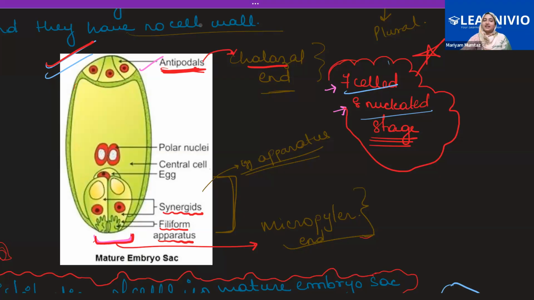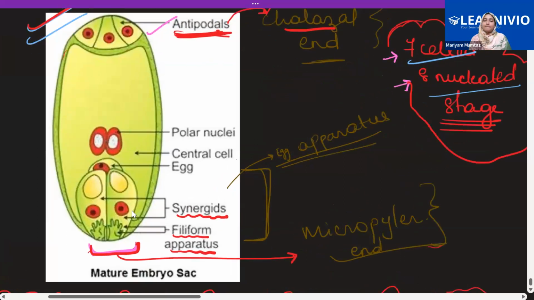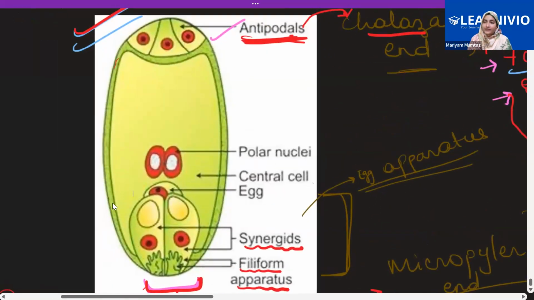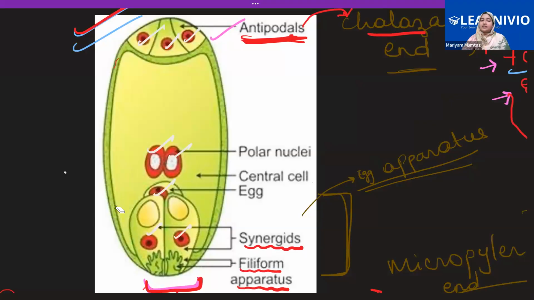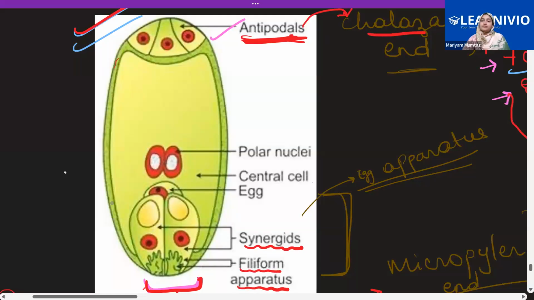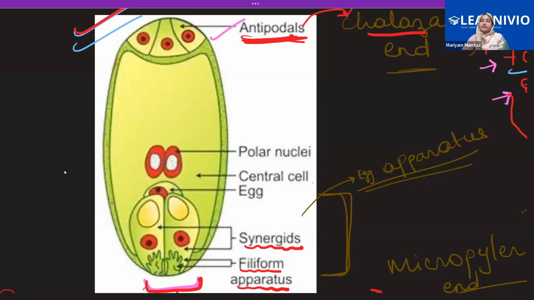How is it 8-nucleated? Explain. Because there are 8 nuclei. Very good. 1, 2, 3, 4, 5, 6, 7, 8. Total 8 nuclei, right? But how is it 7-celled? Two nuclei are in one cell: the central cell has the polar nuclei.